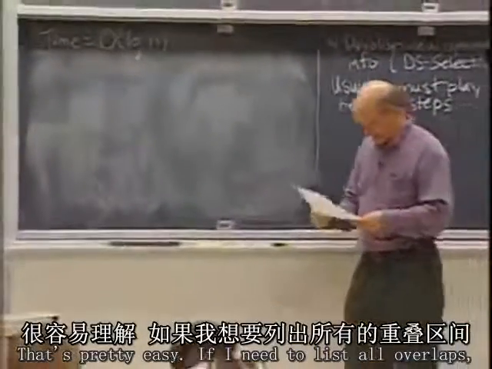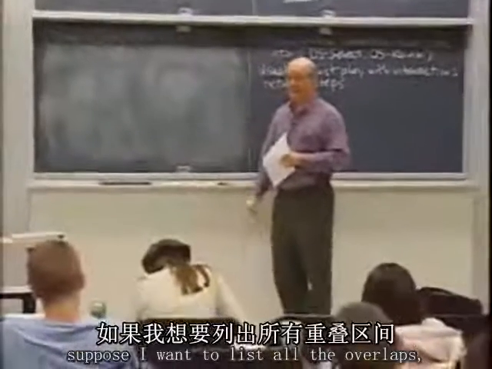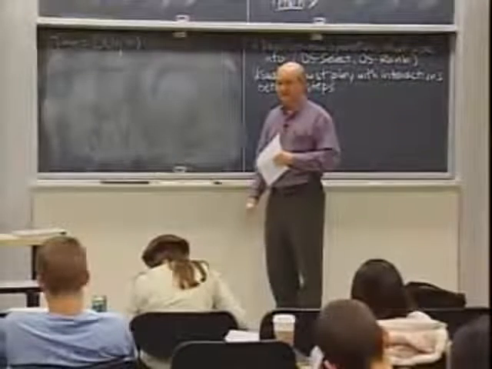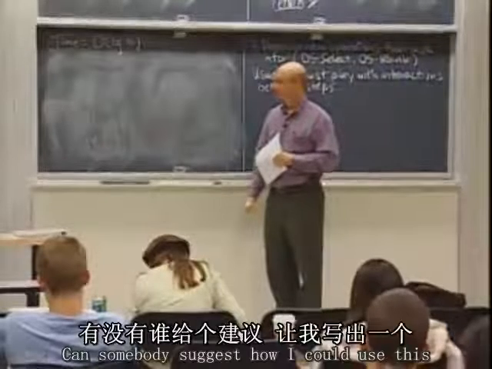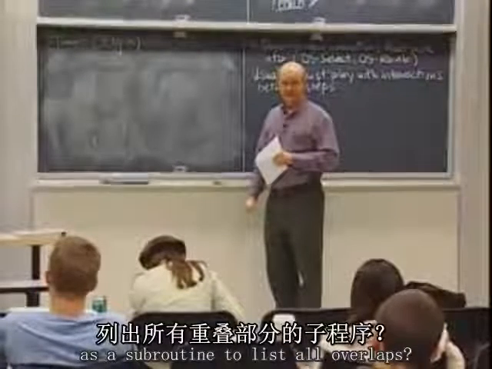If I need to list all overlaps, suppose I want to list all the overlaps, how quickly can I do that? Can somebody suggest how I could use this as a subroutine to list all overlaps?